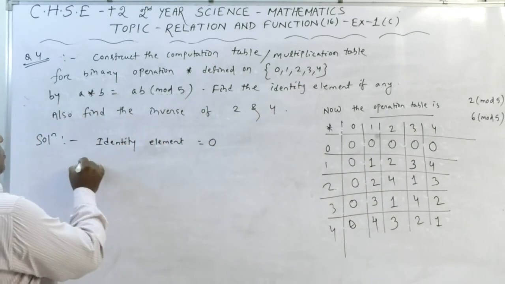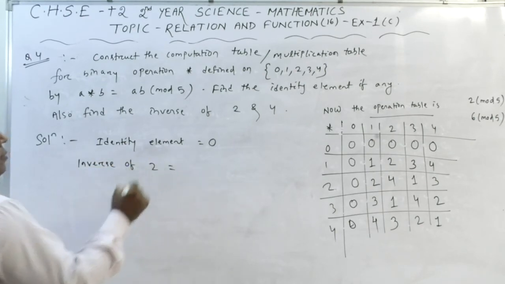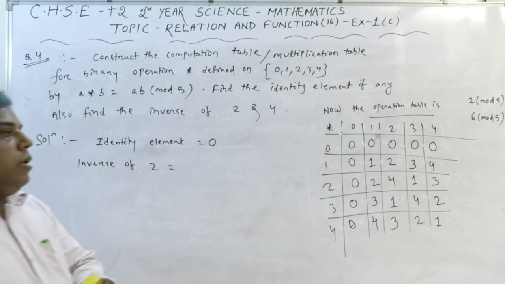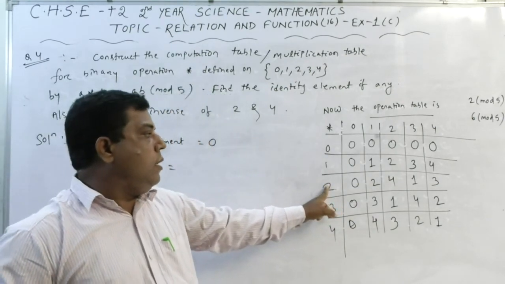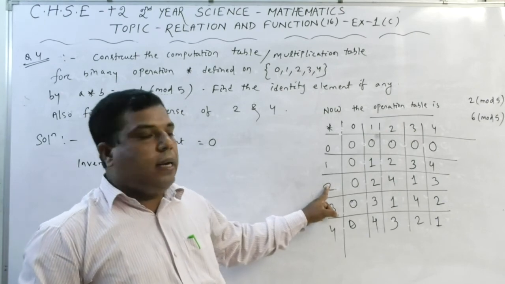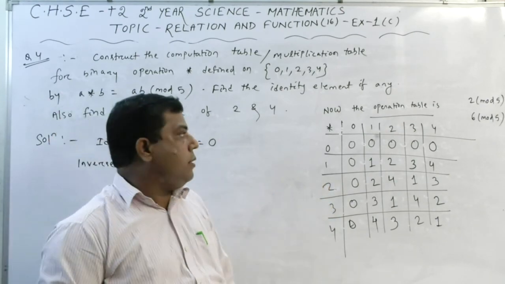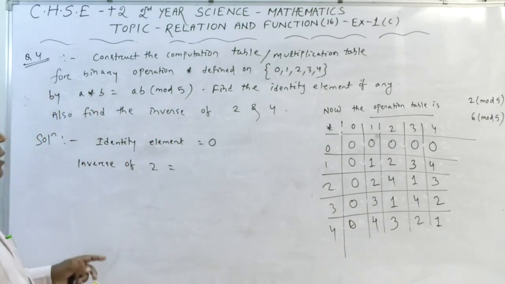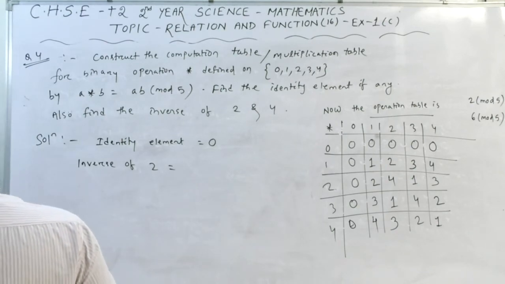What is the inverse of 2? You see, inverse of 2 means we have to find an element with which it is operated and the result is equal to the identity element. So now what is the inverse of 2?